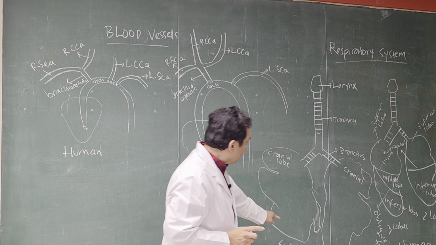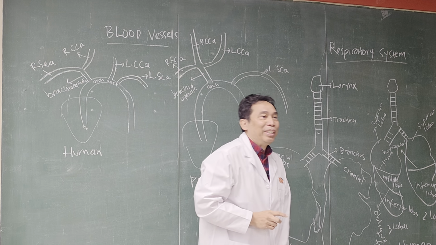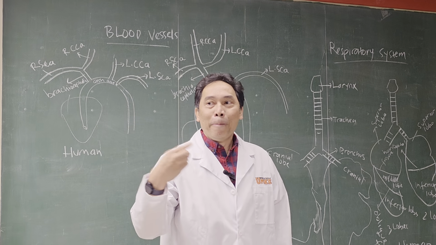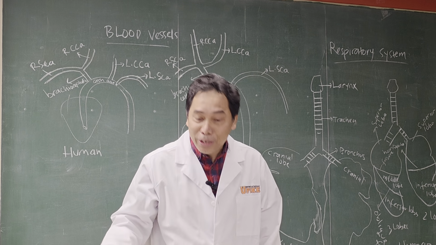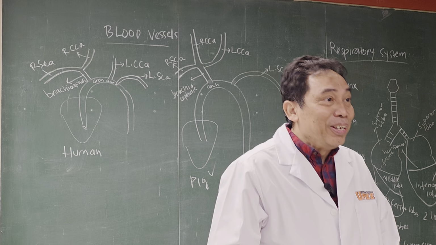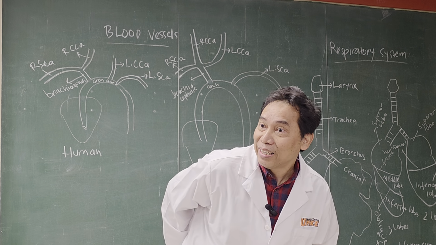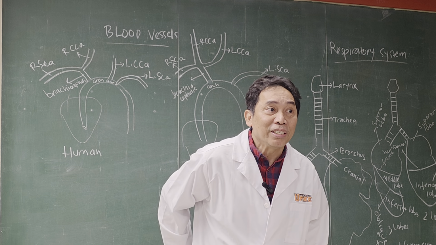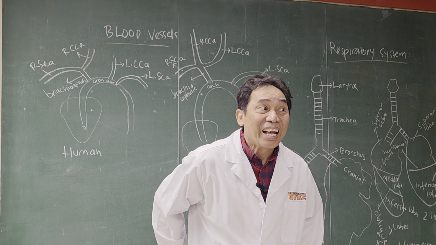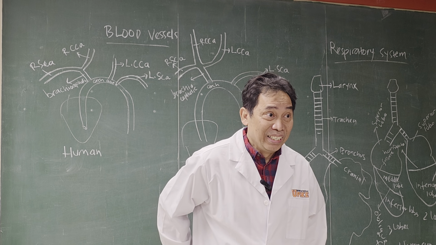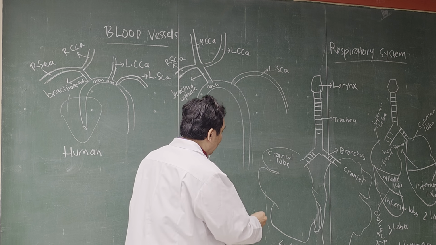Now, what do you call the bottom one? In human, it's called the inferior. What is it going to be on the pig? Here, tail. What is tail in scientific term? Cauda. Cauda means tail. Right? So it's gonna be caudal.